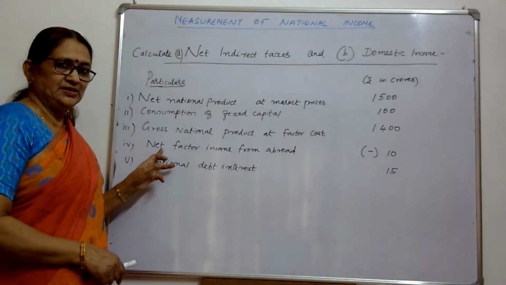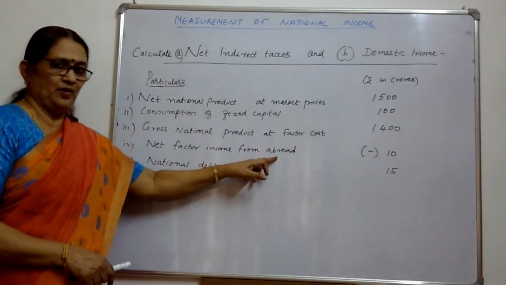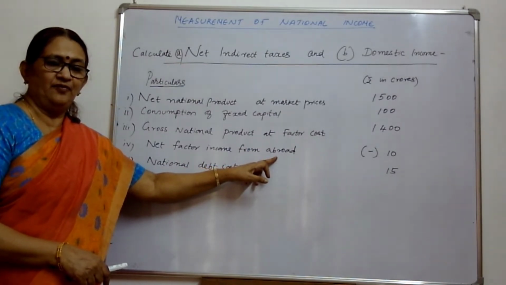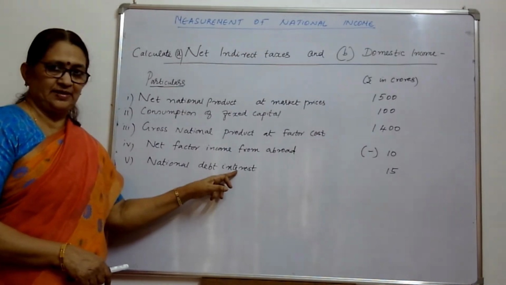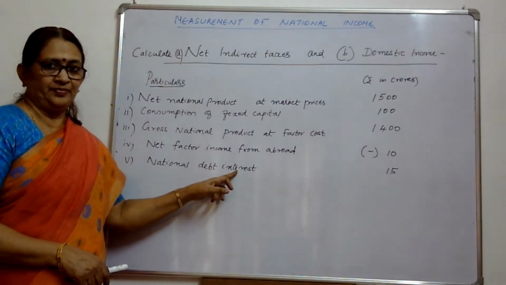Next component is net factor income from abroad. That is the difference between factor income from abroad and factor income to abroad. Then national debt interest. That is interest taken on loans by the government.